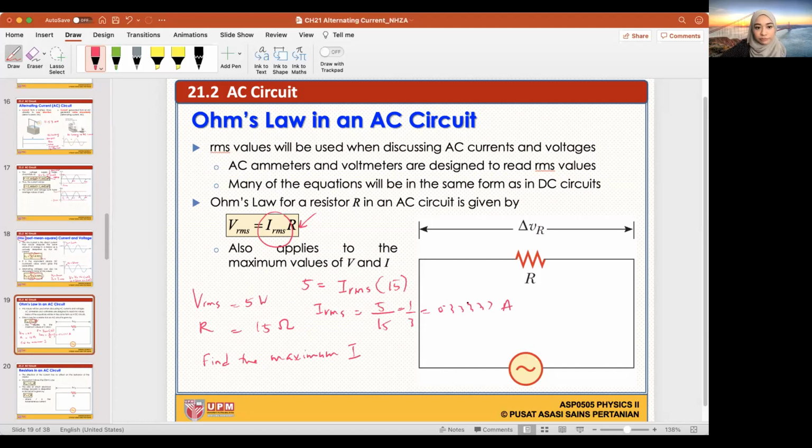And then you convert it to your regular I, or your I naught. IRMS is equal to I naught over square root of 2. So you plug in the IRMS value, which you got over here, into this equation, and you can solve for your I naught. Again, when you use Ohm's law, if you're using VRMS, you will get IRMS and so on.